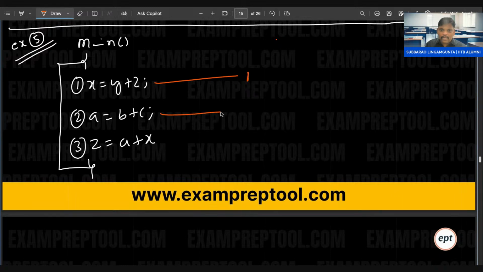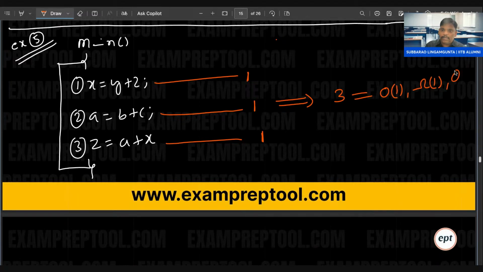Second statement, order of magnitude is 1. Third statement, order of magnitude is 1. So if you add all of them, 3. Every constant can be written as 1. Big O of 1, omega of 1, theta of 1.